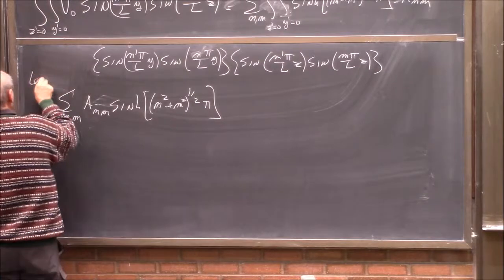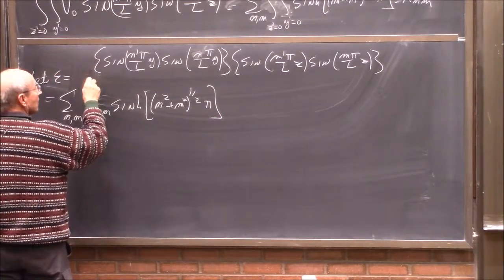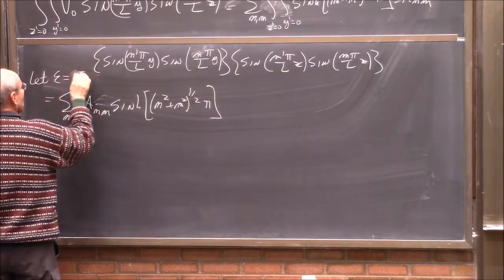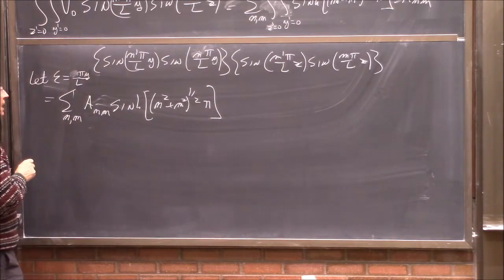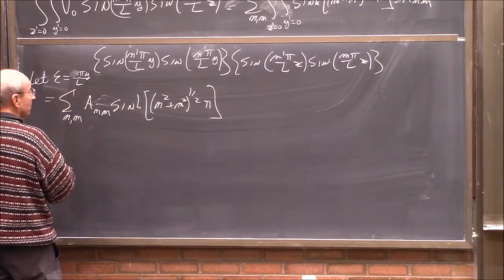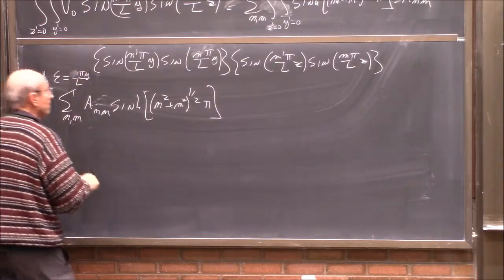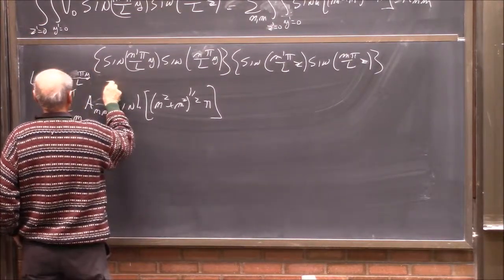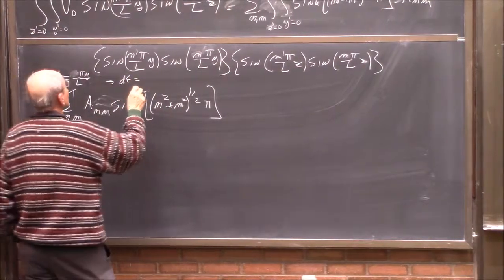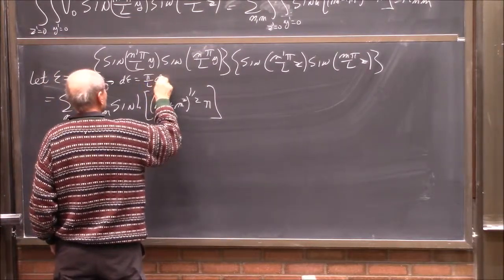Let squiggle equal pi y divided by L. Okay? Now, that means that d squiggle is equal to pi over L times dy.